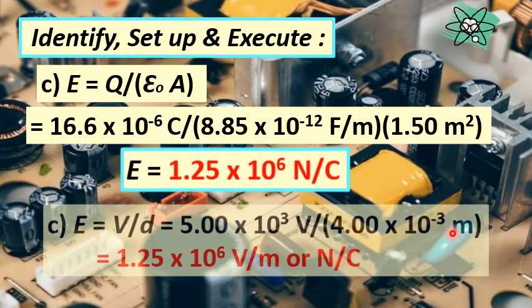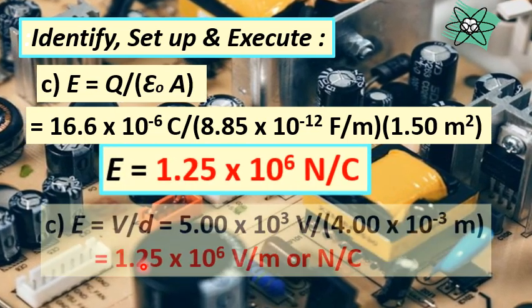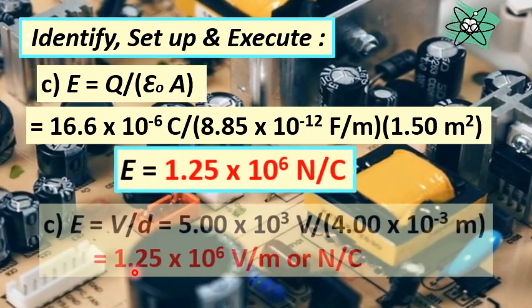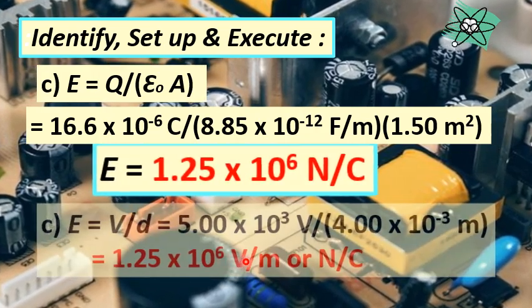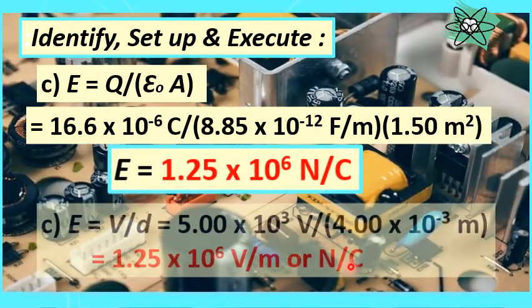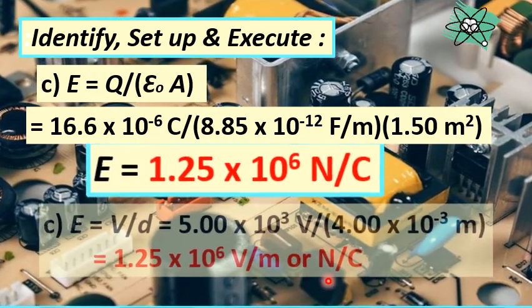Right? So, again, doing our math, we get the magnitude of the electric field equal to 1.25 times 10 to the 6th volt per meter or Newton per coulomb. Alright, so you see, we get the same answer.